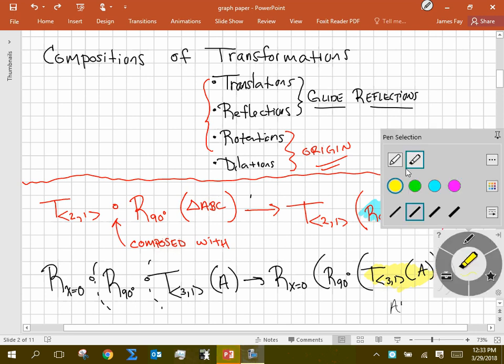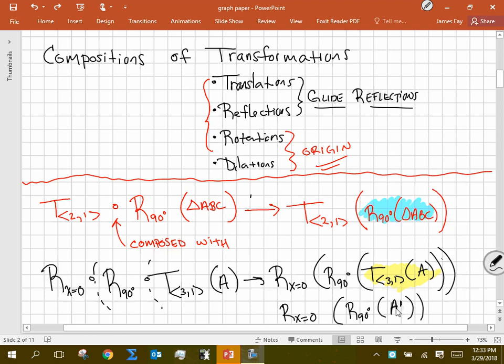And once that turns into A prime, you now have the 90-degree rotation outside that, and then you have the reflection outside that. So now this yellow stuff turns into A prime, and now you can do a rotation of 90 degrees to A prime.